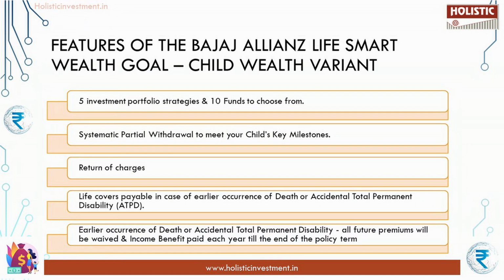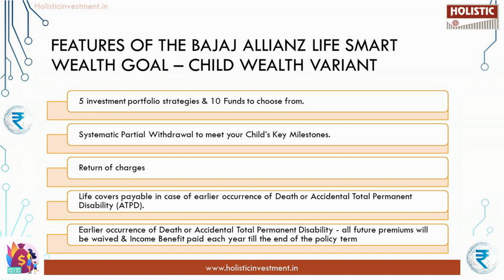First, features of Bajaj Allianz Life Smart Wealth Goal. You have the choice of 5 investment portfolio strategies and 10 funds to choose from. Systematic partial withdrawals are allowed to meet your child's key milestones. And there are some return of charges: return of premium allocation charge, return of mortality charge, return of income benefit charge, return of morbidity charge, and return of waiver of premium charge.